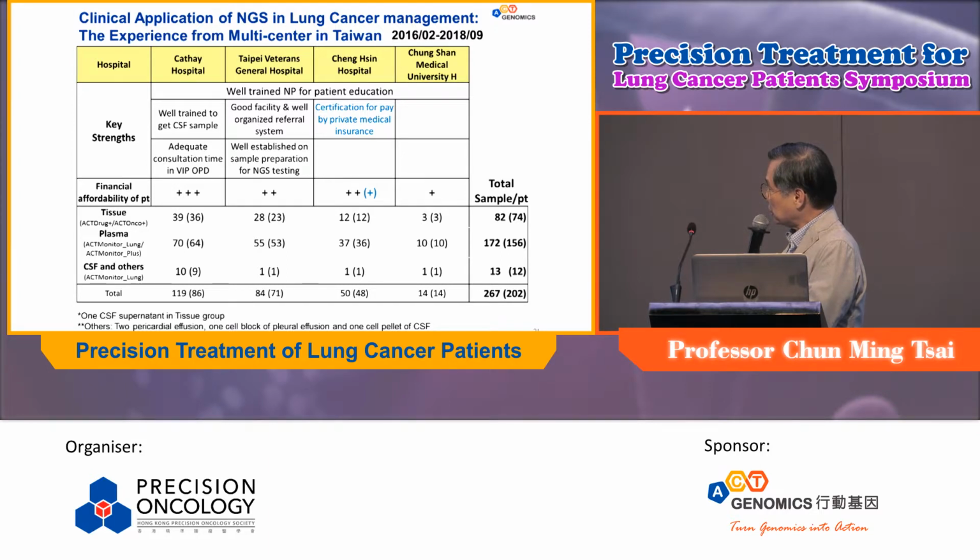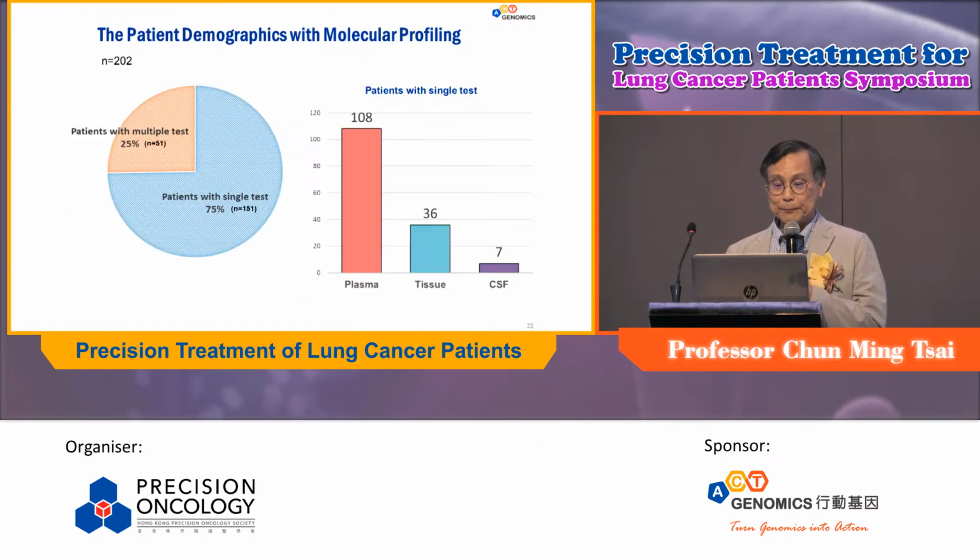So I have clinics at these 4 hospitals. At the hospital in the downtown area, most of the patients are a little bit rich, so they can afford this kind of examination.